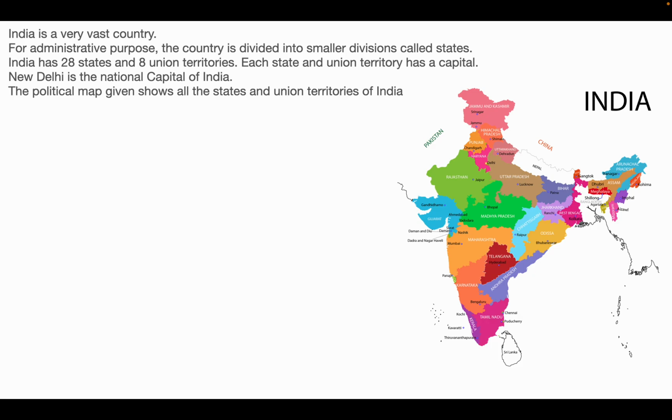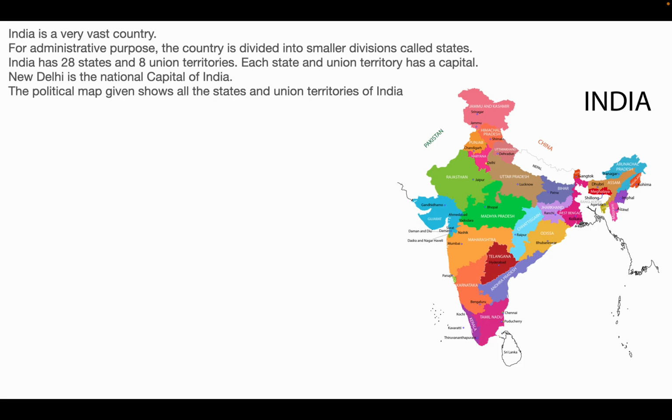Each state and union territory has a capital. So, we all know that every state where we belong to has a capital city. So does the union territory. And New Delhi is the national capital of India.